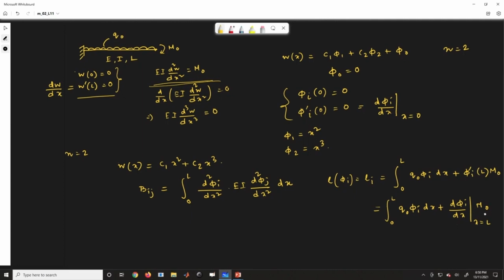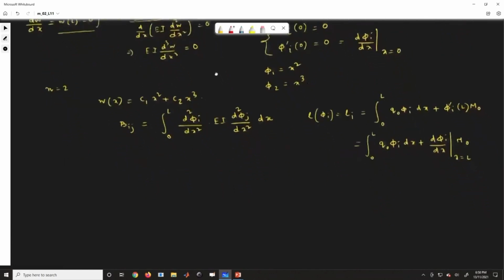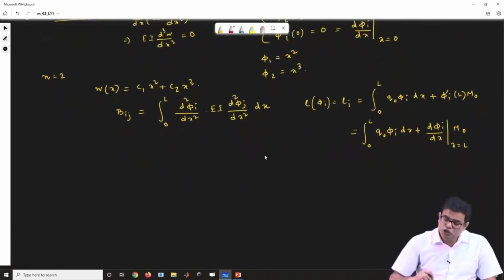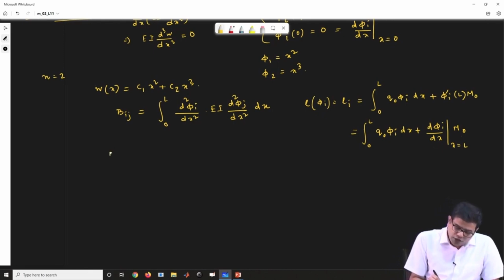So this is my linear form. Now similar to that, I have found out phi I and phi j's. So once we know phi I's and phi j's, I can just substitute these to compute B11. So B11 I can compute.